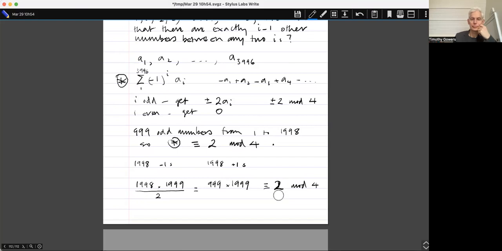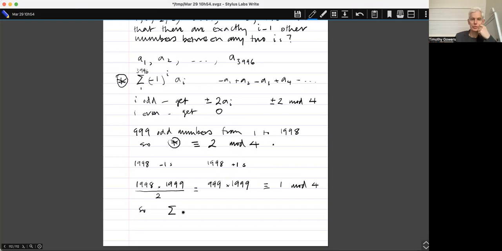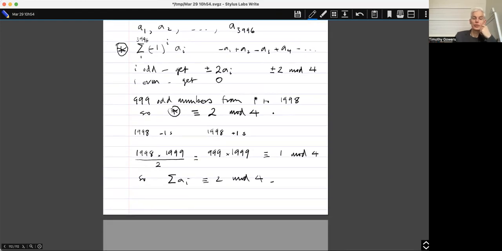So the sum of a_i is congruent to 2 mod 4. Each time I change the sign of an even number, it will not change the sign of the sum. And each time I change the sign of an odd number, it will change the sign.